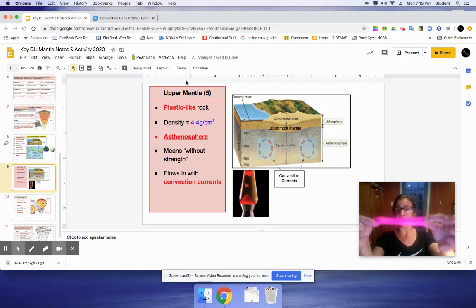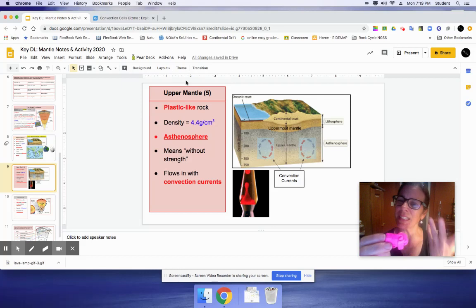We believe that the rock of the upper mantle might be very similar to the consistency of the silly putty. Solid, yet has this ability to move ever so slowly like a liquid. And that's a really important description.